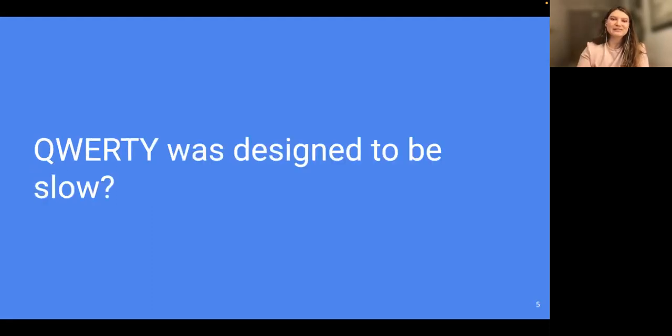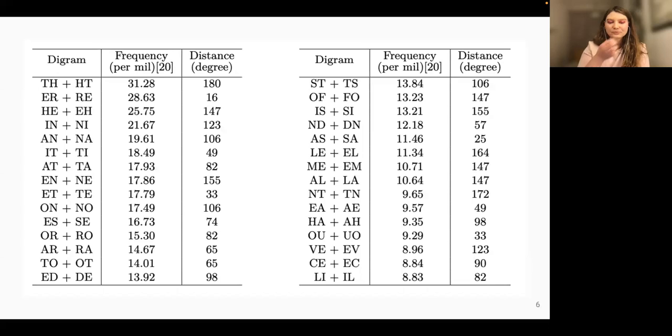There's a myth that QWERTY was designed to be slow, and that's why other keyboard layouts were created. And I would like to debunk this myth. How can you make a keyboard layout slower?